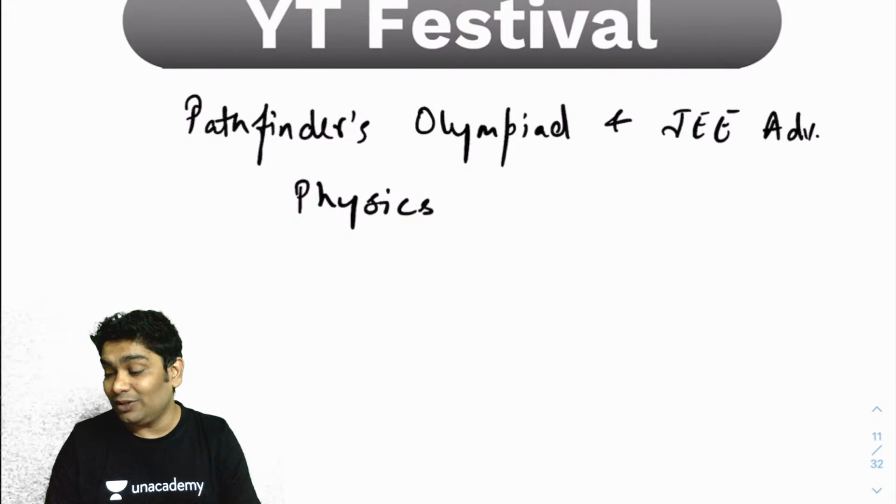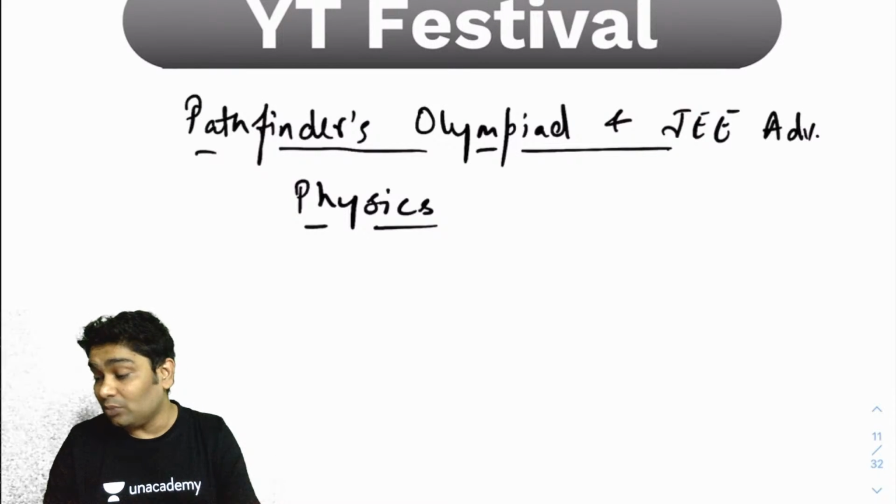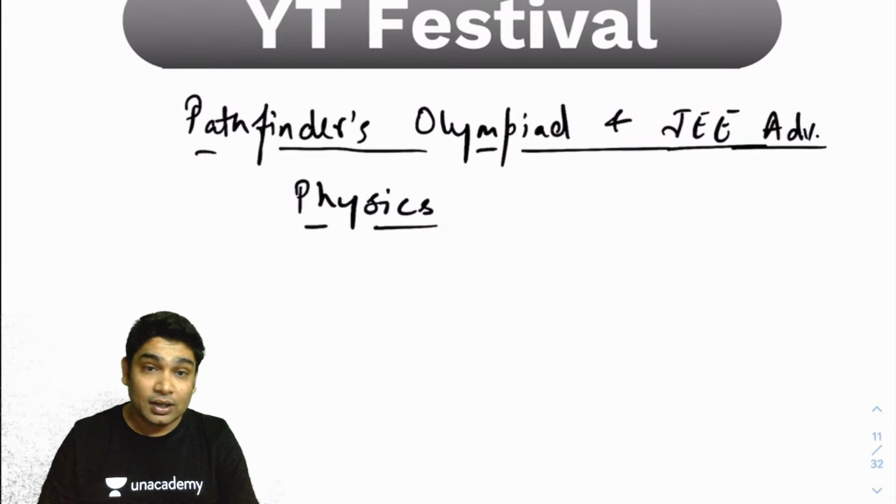In case you don't know about this, you can look this book up. This is a book that has a lot of original and very tough problems in the collection.